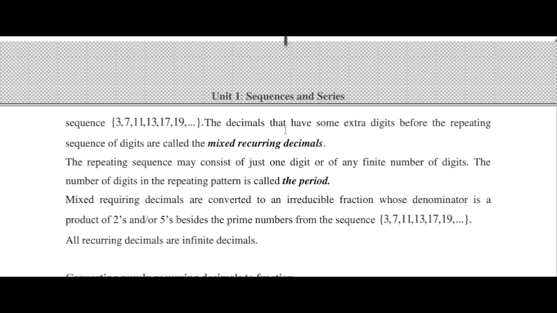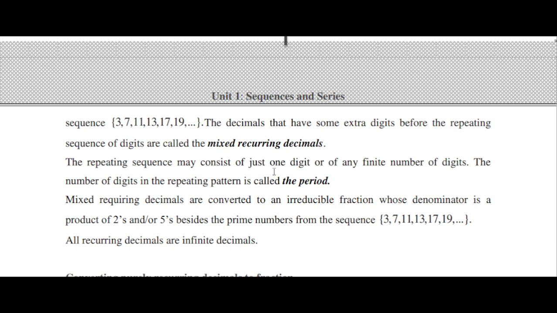The decimals that have some extra digits before the repeating sequence of digits are called mixed recurring decimals. The repeating sequence may consist of just one digit or of any finite number of digits. The number of digits in the repeating pattern is called the period.